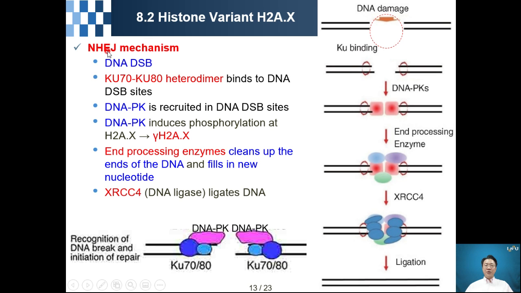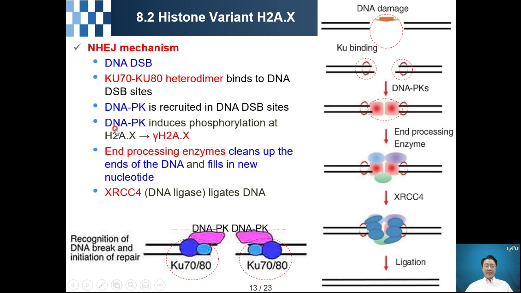Especially in NHEJ, the Ku70 and Ku80 heterodimer binds to the DNA DSB site. After that, it recruits DNA-PK. So DNA-PK is recruited to the DNA DSB site.